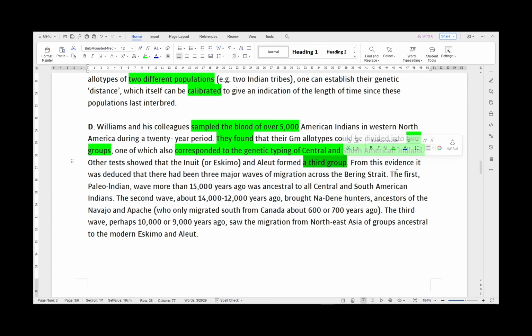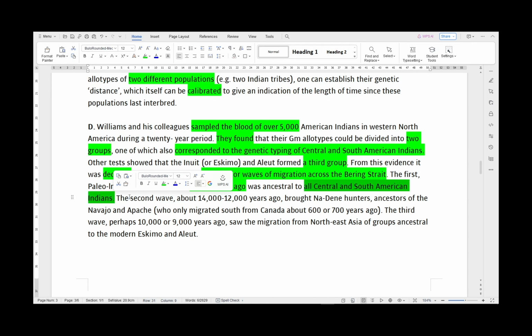From this evidence, it was deduced, so we have the word deduced, meaning to make conclusions, that there had been three major waves of migration across the Bering Strait. The first Paleo-Indian wave more than 15,000 years ago was ancestral to all Central and South American Indians.